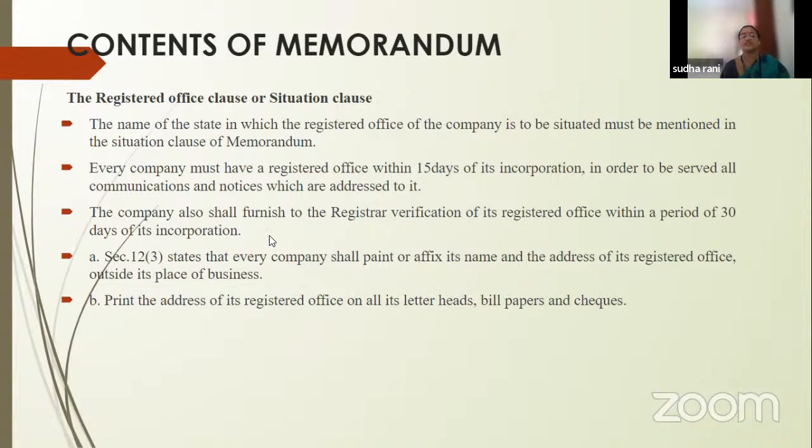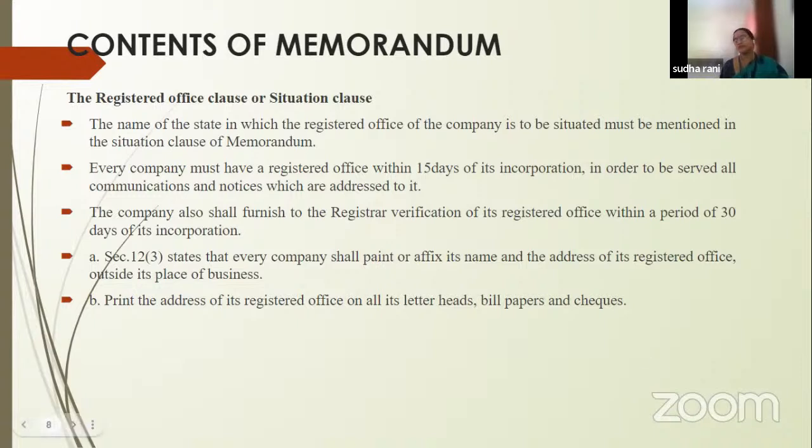Once they give this detail, what will the registrar do? The registrar will make a verification within 30 days, whether the company has located its business at that registered office or not.